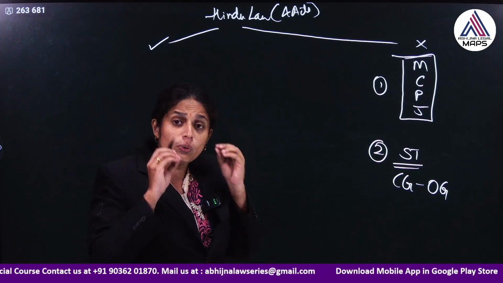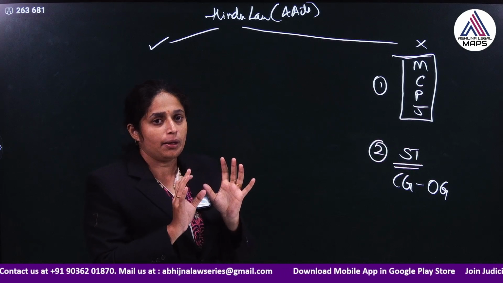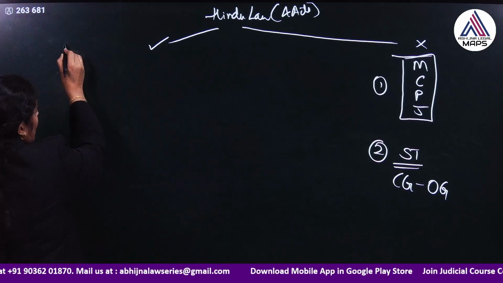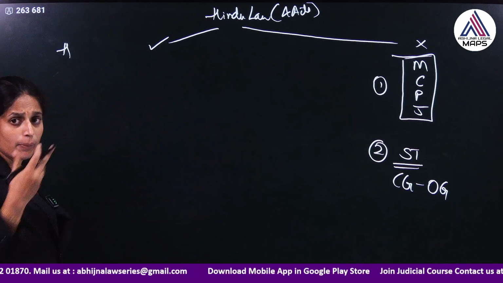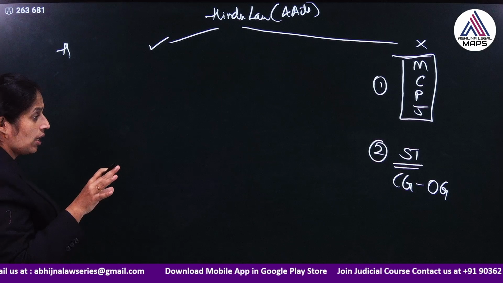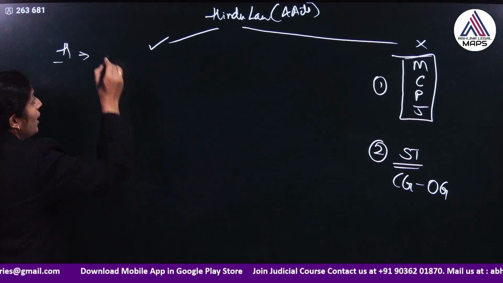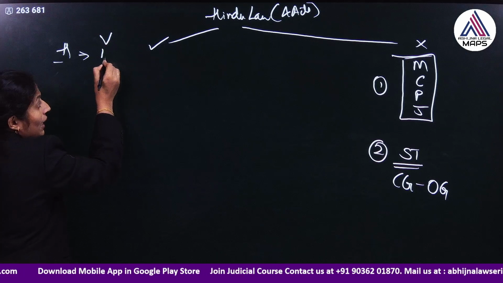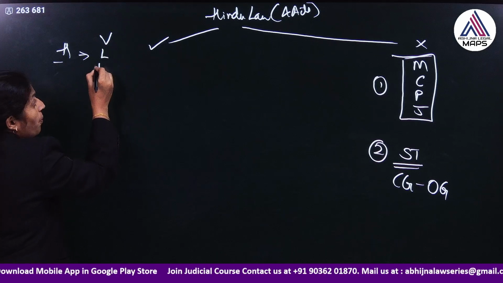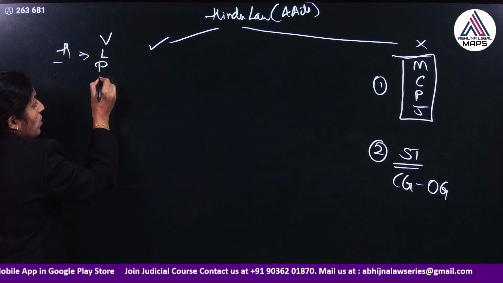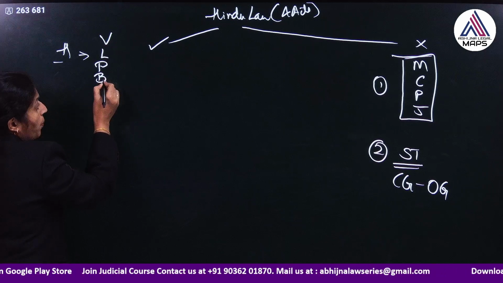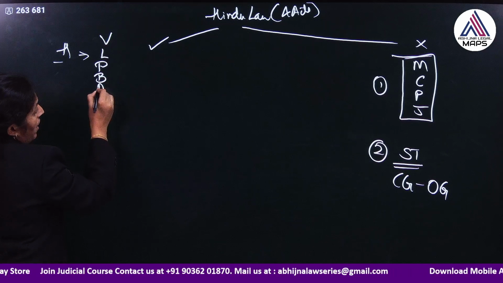Then let us understand, to whom does Hindu law apply. Hindu law applies to Hindus, who are Hindus by birth or by religion. But not only Hindus, in its various forms, it could be Veerashaiva, Lingayat, or followers of Prarthana Samaj, Brahma Samaj, or Arya Samaj.